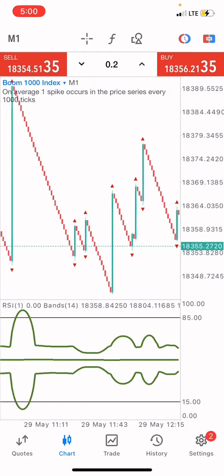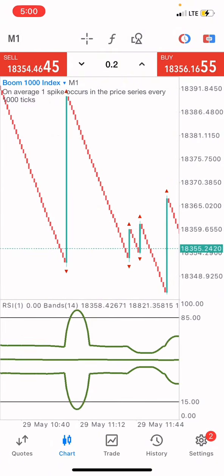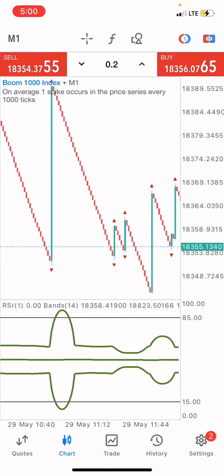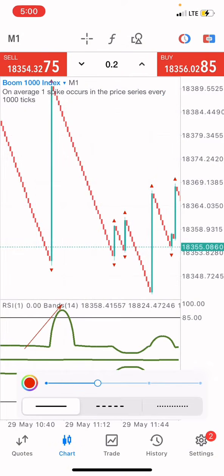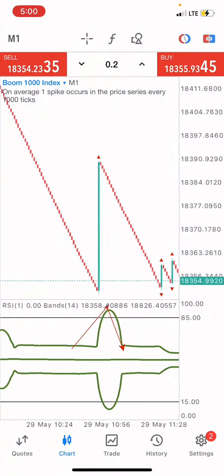Now another thing I need you to pay attention to is when you move your screen like this, ensure that you're only taking a trade when, as you move your screen to the left and right, your Bollinger Bands is still showing that it had crossed over the level 85 of your RSI and it's sloping below that level.